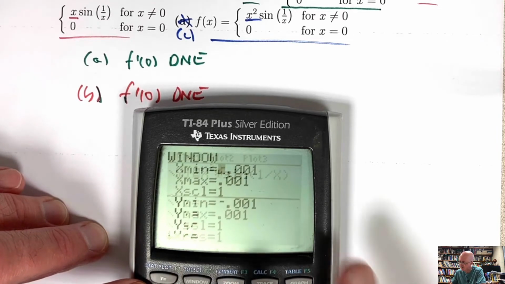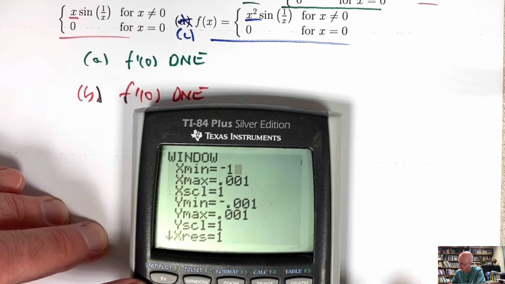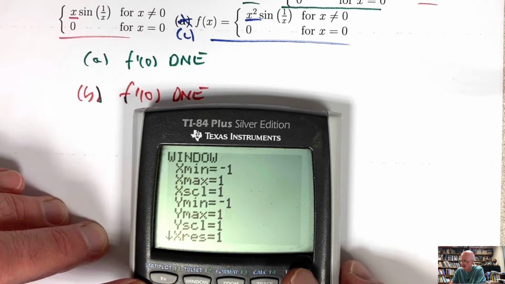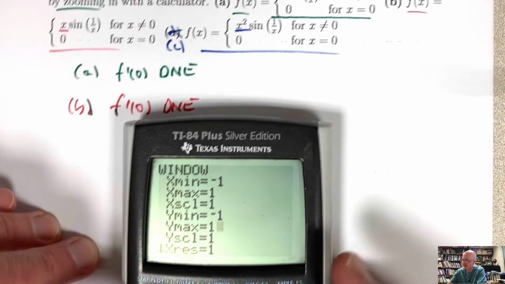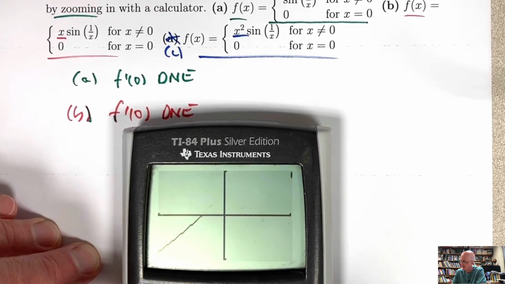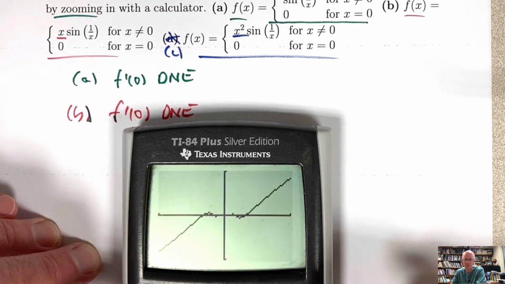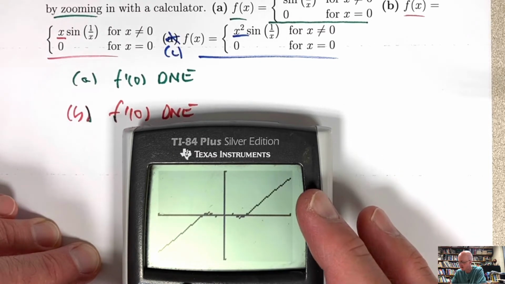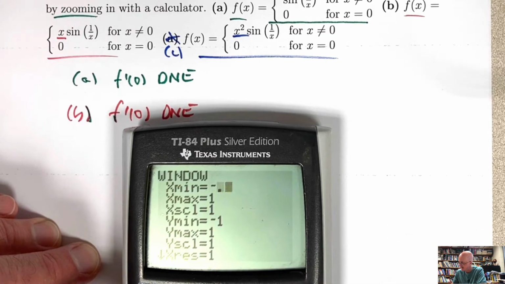Okay, let's go back to the wider window. Still got to oscillate infinitely often because it's still got the sine of 1 over x there. It's oscillating infinitely often, it turns out, as you approach 0, but you can't really tell. Again, you can say maybe that's just the calculator not being so good. Let's zoom in.